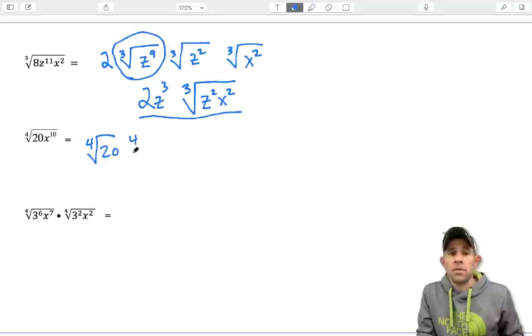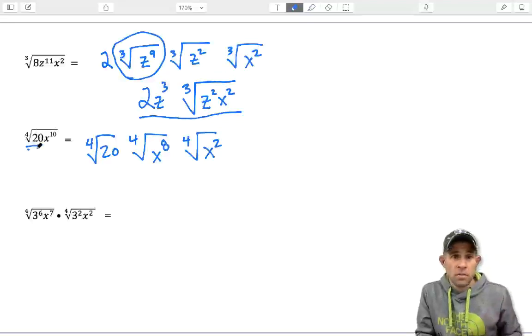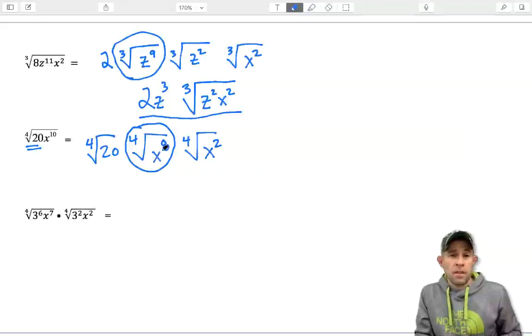times the fourth root of x to the 8th times the fourth root of x squared. Now, there are no perfect fourth roots in 20, so we're just going to leave the fourth root of 20 there. However, we can simplify the fourth root of x to the 8th, and that's going to become x squared.